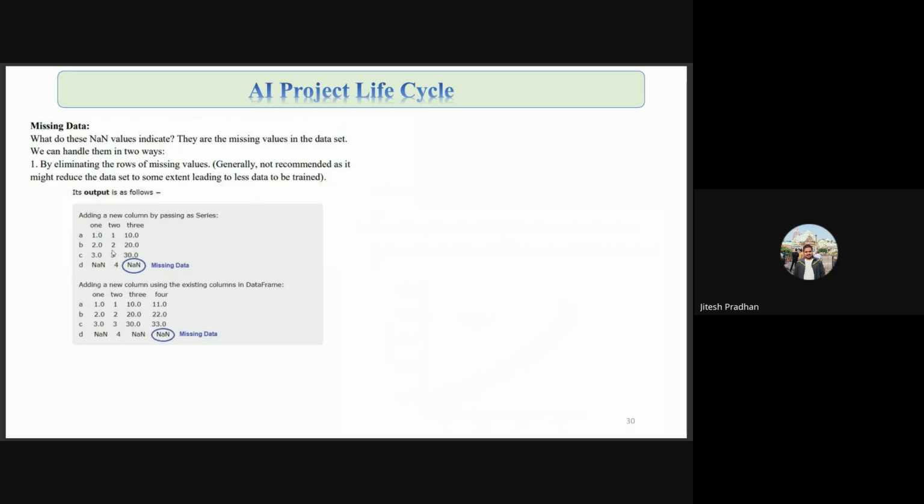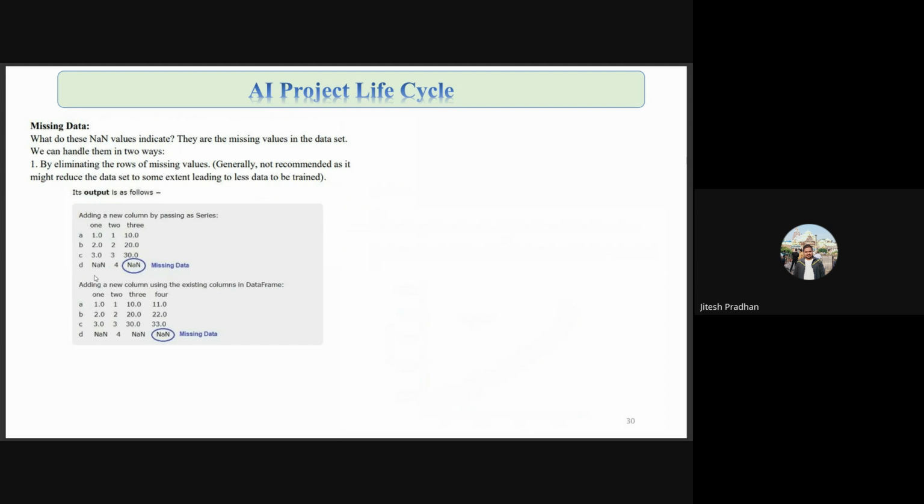Now let's say missing data is there. Let's say this is an example. This is missing data, this is missing data, this is missing data. So NaN values are missing data. What we can do is take the average of all these values, 10, 20 and 30, and whatever average we get, we can put it in the NaN. At the same time, here we can take the average of these three and put it here.